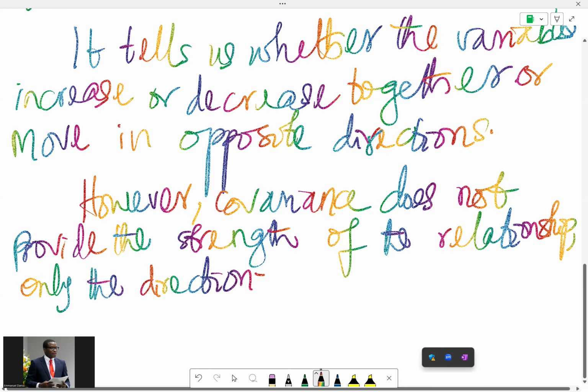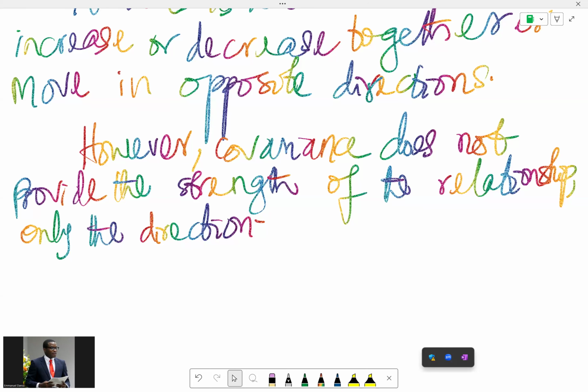So what we are saying in essence is that covariance tells you the direction of the relationship between two random variables, while correlation tells you the magnitude of the relationship between the two random variables.